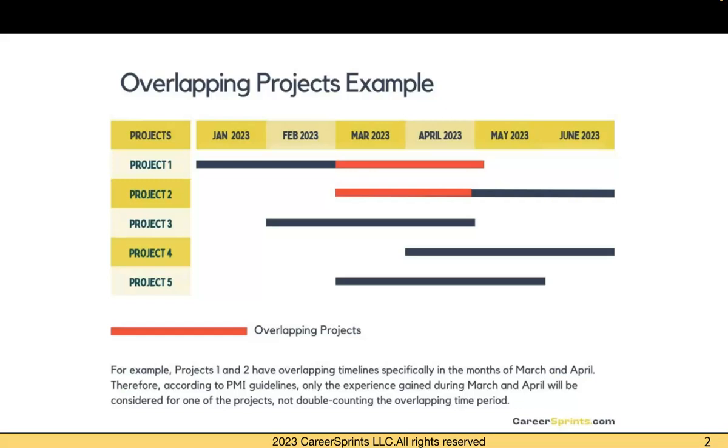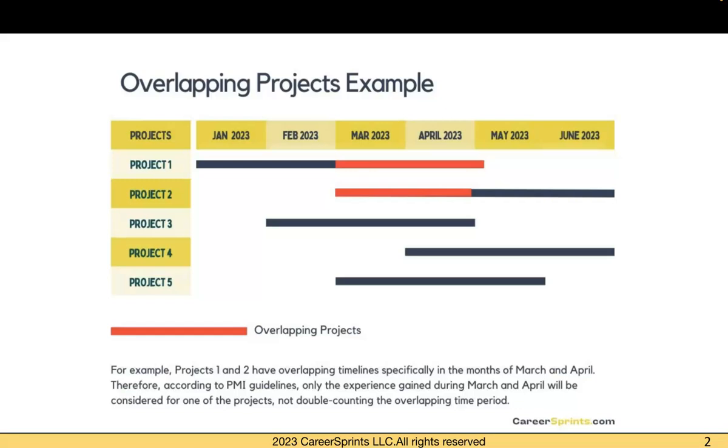So to give you an example, you have project 1 here. The project starts in January 2023 and it goes all the way till April 23 or maybe mid of May 23, and then you can see project 2, it starts from March 23 and it goes all the way till June 2023.